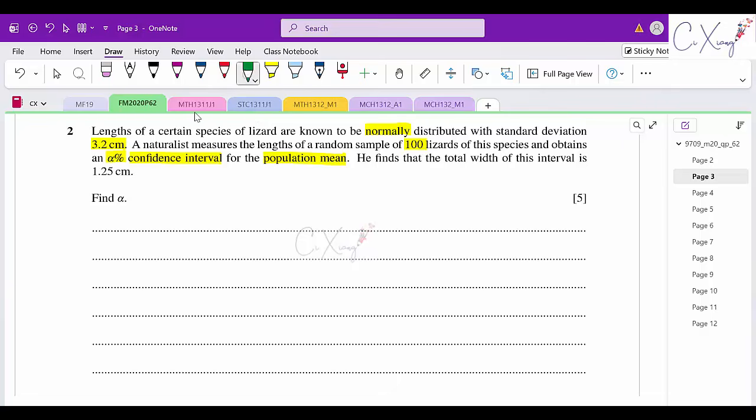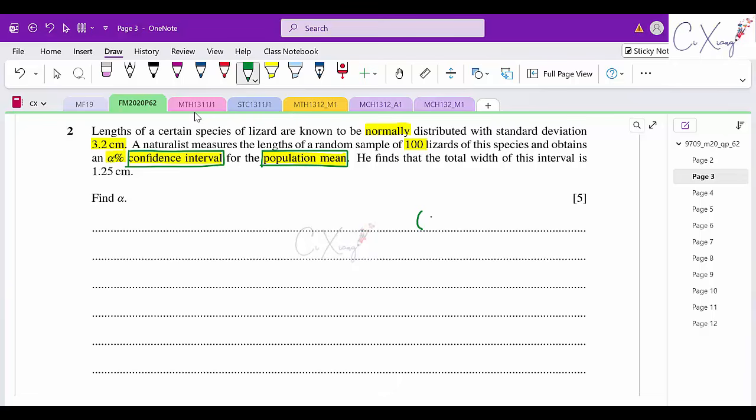Let's have a look at setting up the question first. How can we set up the question? The keyword is at this part, the confidence interval for the population mean. We have two types of confidence interval: the population mean confidence interval and the confidence interval for population proportion. This one is for the mean, therefore I only focus on the mean formula. What's the general formula for the confidence interval for the population mean?